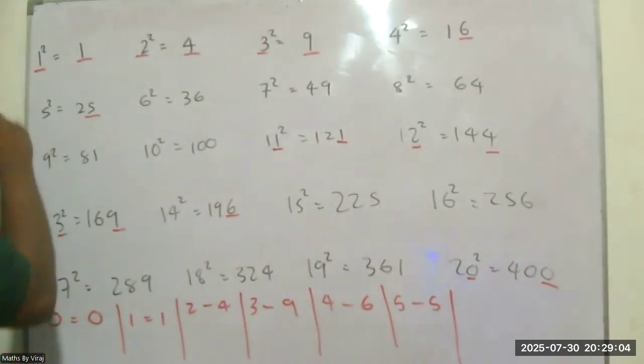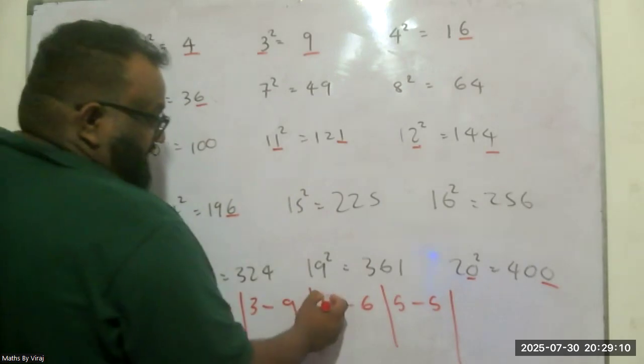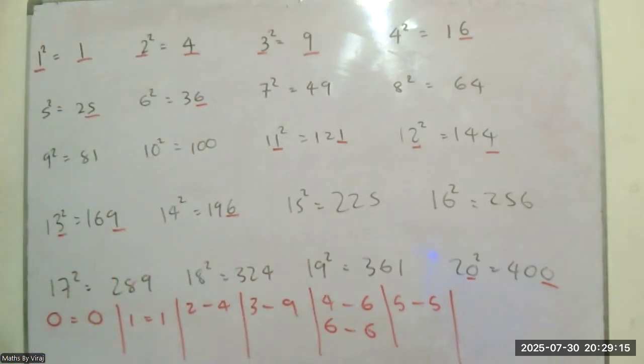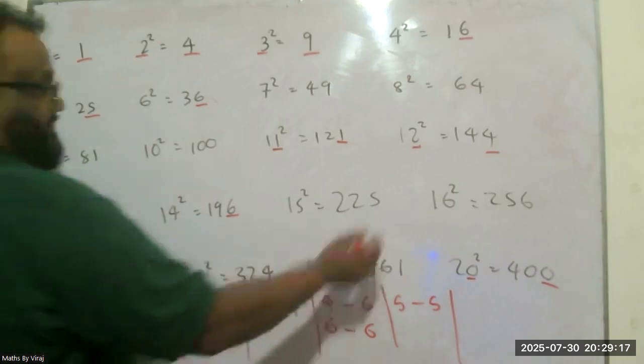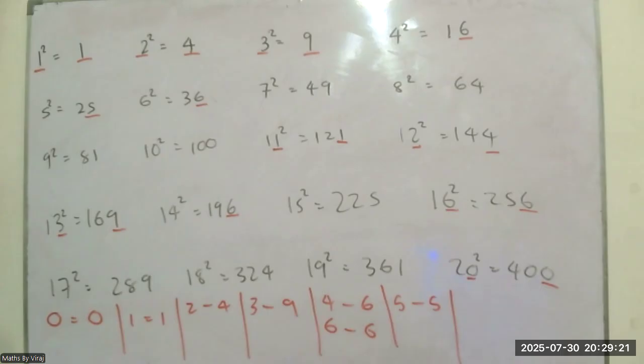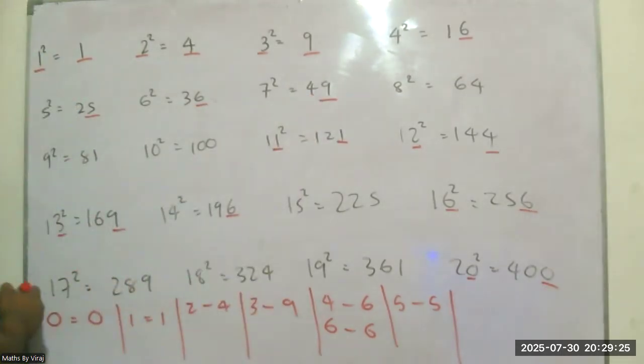6, look at this. 6 also ends with a 6. Therefore, we say that if it is a 4 or a 6, the square ends with a what? 6. What about 7? 7 also ends with a 9.